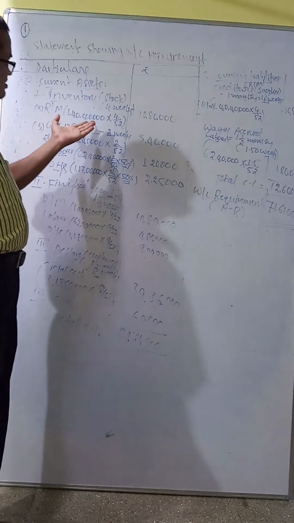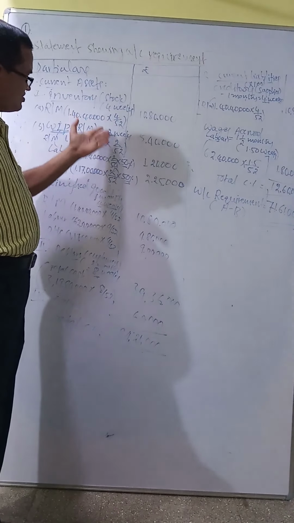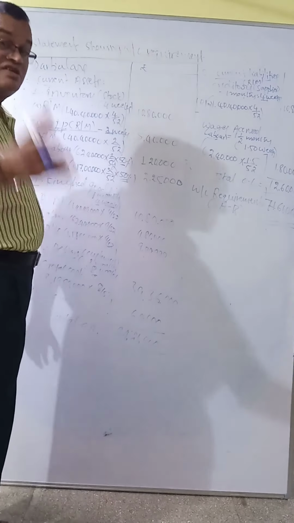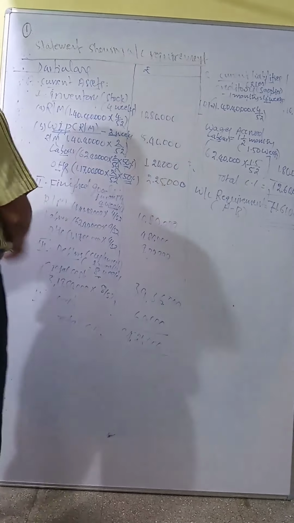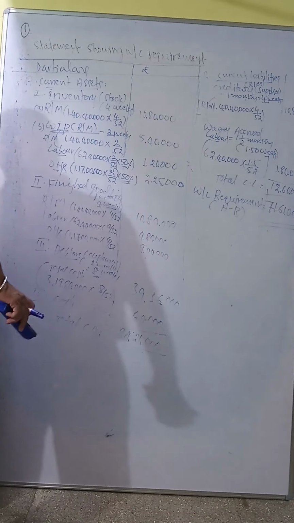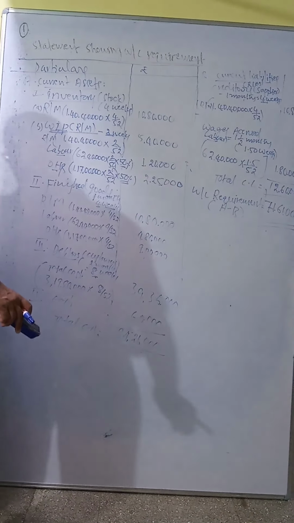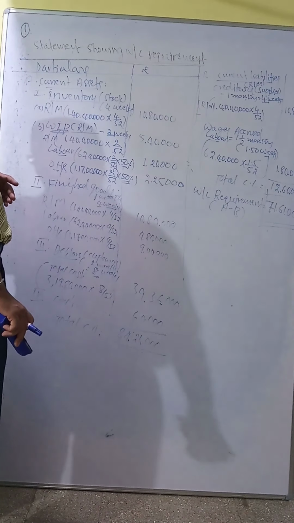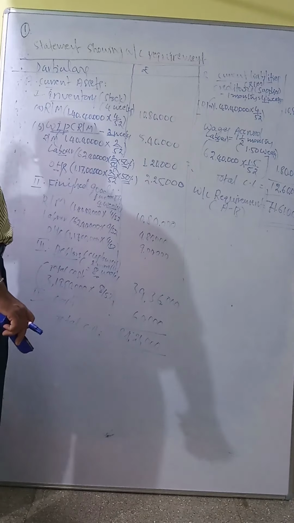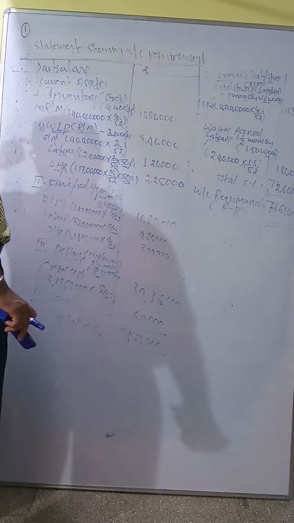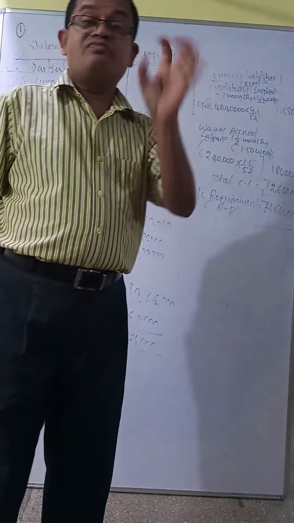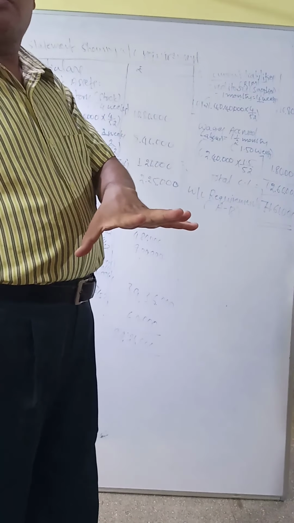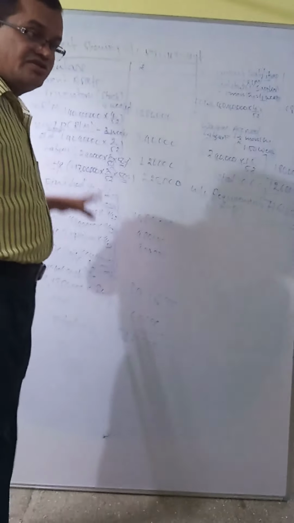Why I converted all into weeks? Because your last sentence they will give always in the question also. See, they given: it is assumed that production is carried evenly throughout the year, wages and overheads accrued similarly, and time period of 4 weeks is equivalent to 1 month. If the word weeks is given, you have to convert months into weeks.